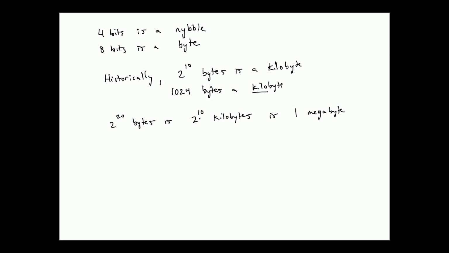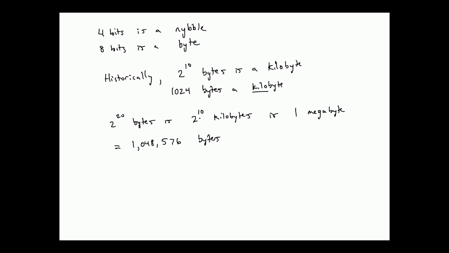And this, by the way, is 1,048,576, which is still pretty close to 1,000,000. It's not maybe as close as 1024 is to 1,000, but it's close. So a megabyte is 1024 kilobytes. And then we can keep going up the chain.